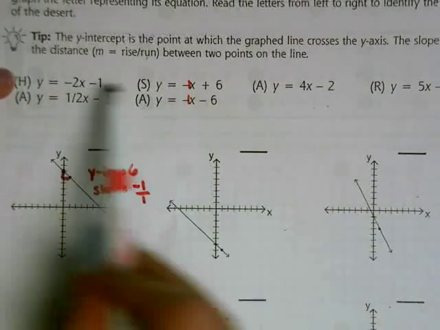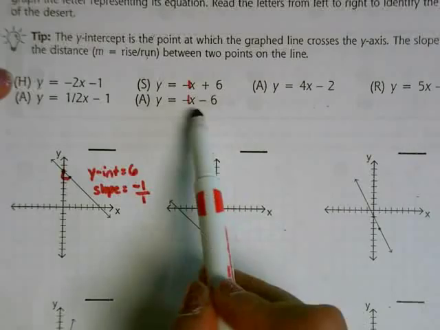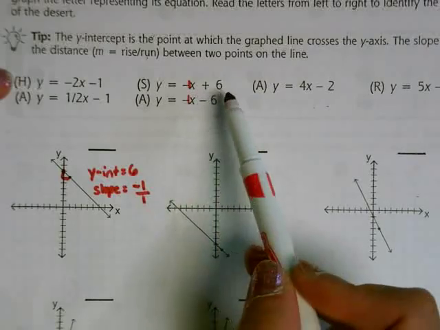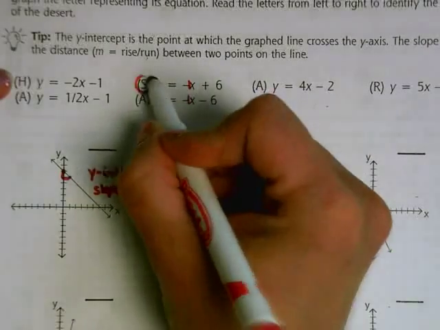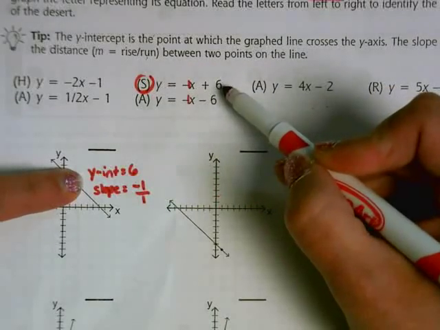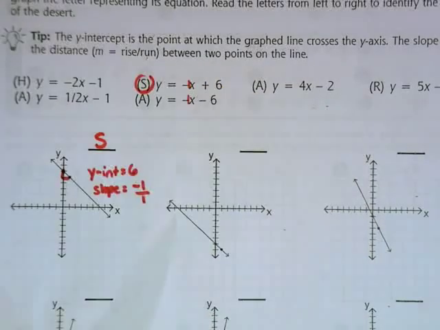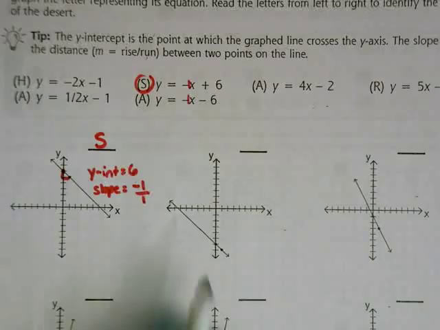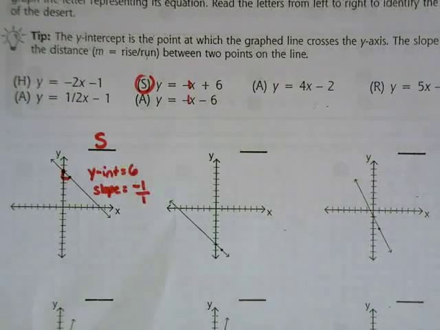Definitely not H. Which one has a y-intercept of a positive 6? Looks like that's going to be S. Slope of negative 1 and a b of 6. So that's going to be S right there. What I'm going to have you do is pause this video and go ahead and answer the rest of these questions, and then unpause it when you think you've got it, and we'll check it.